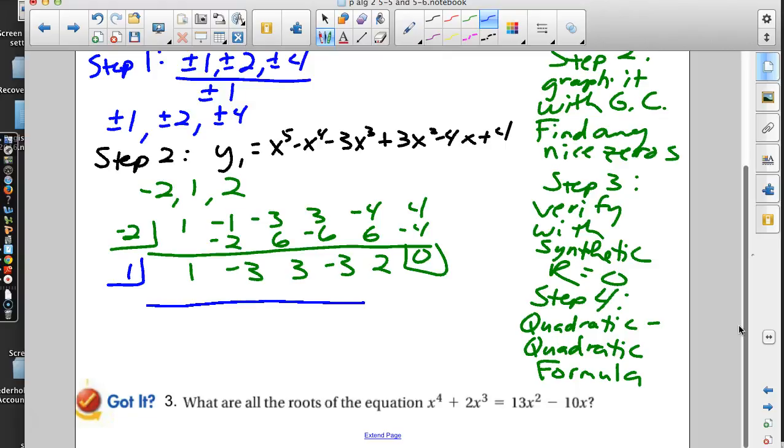So, synthetic with that one. Bring down that leading coefficient and do your multiplying and adding. Check to make sure yours matches with mine.